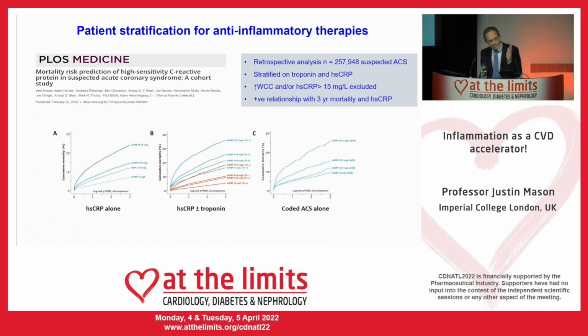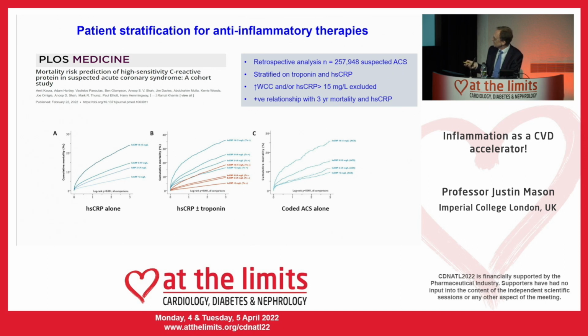When they removed patients with a raised white cell count or CRP above 15, about 100,000 were left. In this group, when they took four groups of CRP, less than 2, 2 to 5, 5 to 10, and 10 to 15, they showed a clear association between the CRP and the 3-year cumulative mortality.